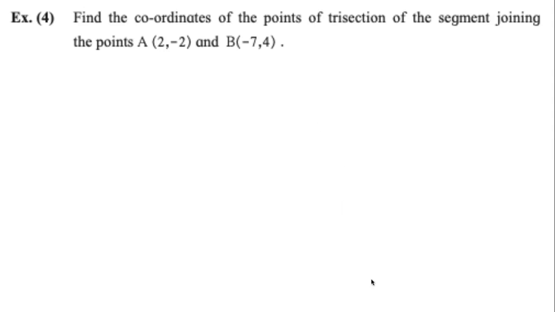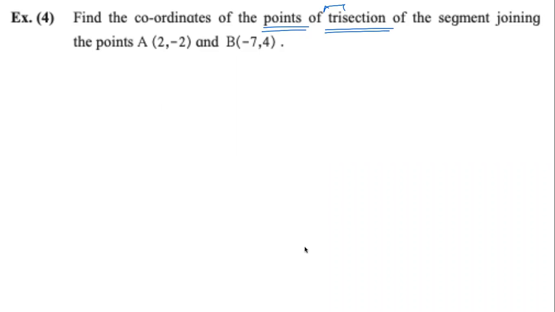What's the question? Find the coordinates of the points of trisection. Bisection means dividing it into 2 equal parts. Trisection will mean dividing something into 3 equal parts. Tri is 3. Of the segment joining points A (2, -2) and B (-7, 4).